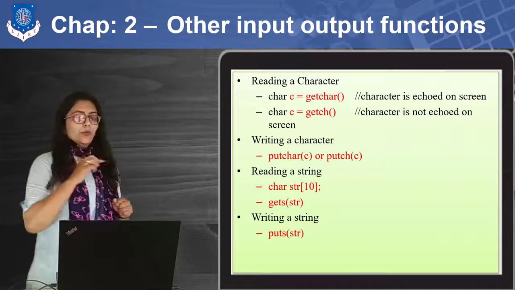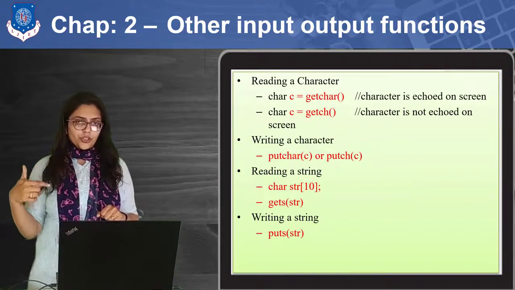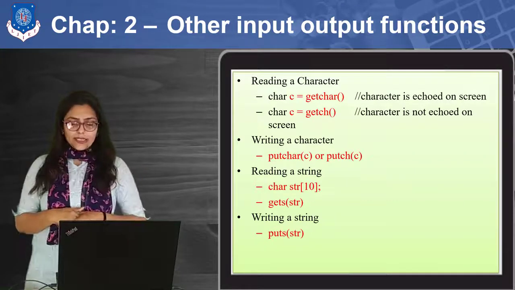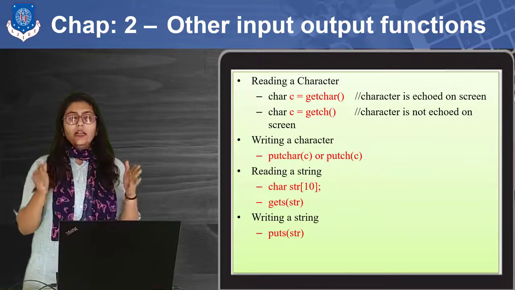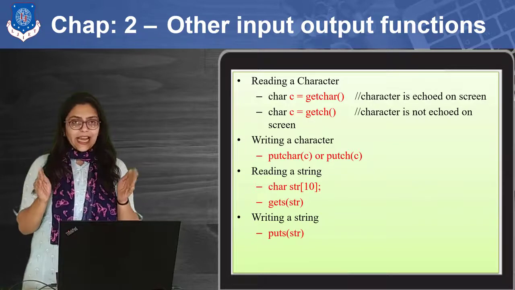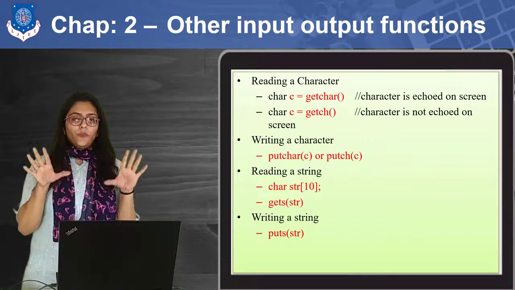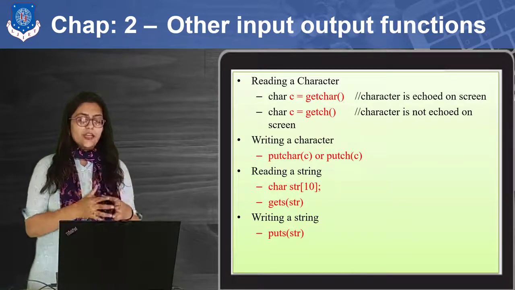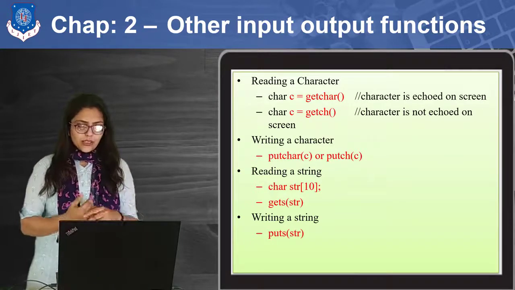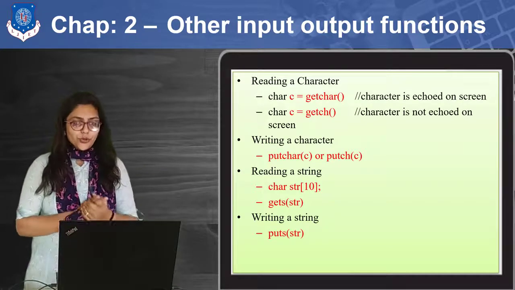So if you want to perform step-by-step implementation, you can use getch. If you are using Turbo C, you will see that without using getch, your output screen is not visible. So if you want to make your output screen steady, you have to use getch in Turbo C, but for Dev-C++ it is not mandatory.